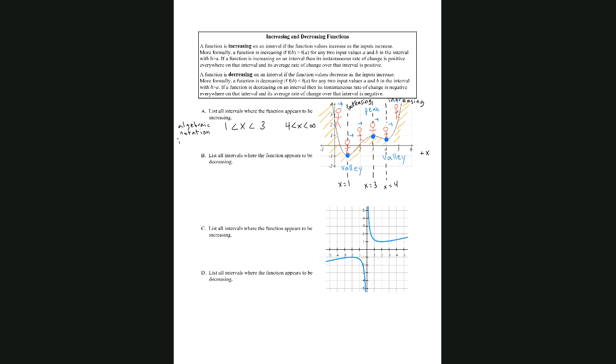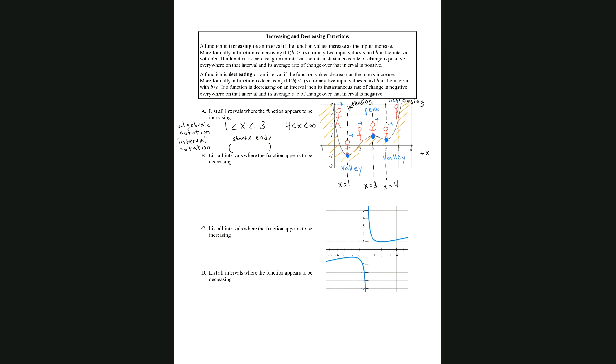That's great for algebraic notation. Now what we need is interval notation. We're going to say the same thing in a different way. You have to put the start of your interval of increase and then the end of your interval of increase and put them in parentheses. But keep in mind that we're only going to use the x values in this interval.